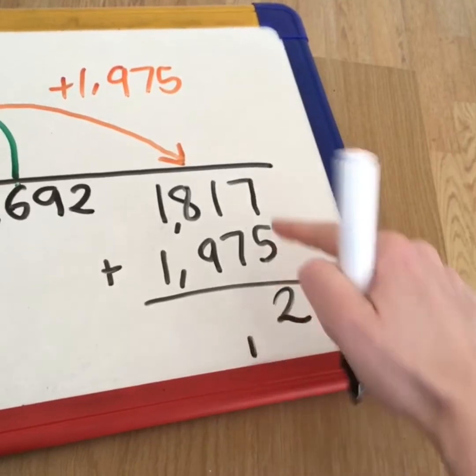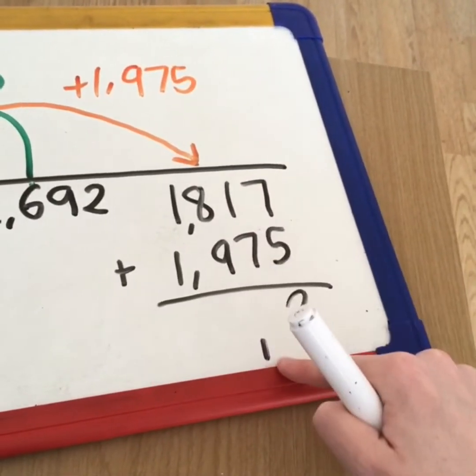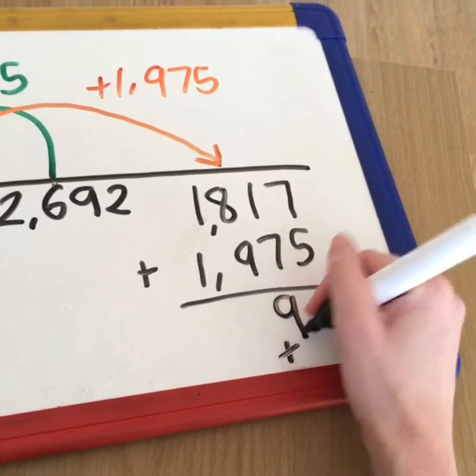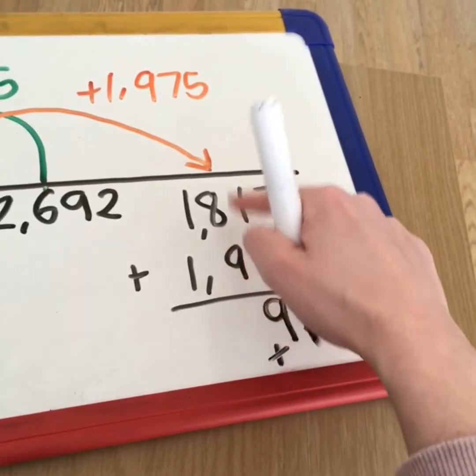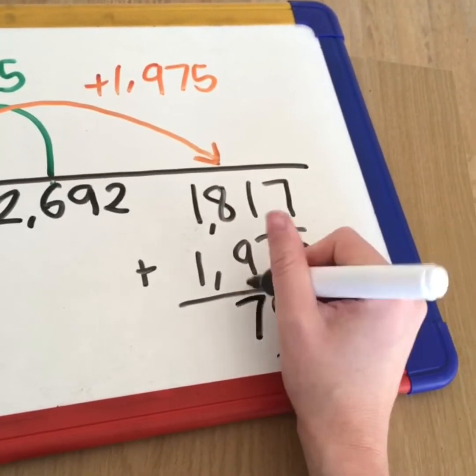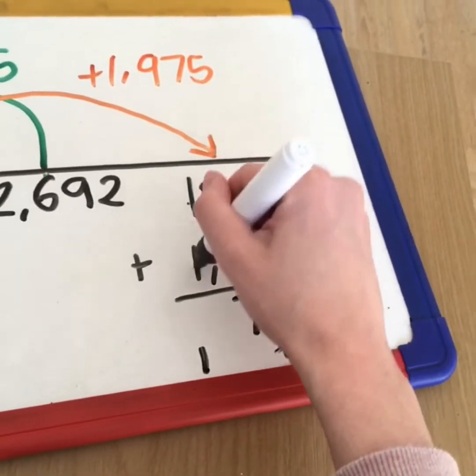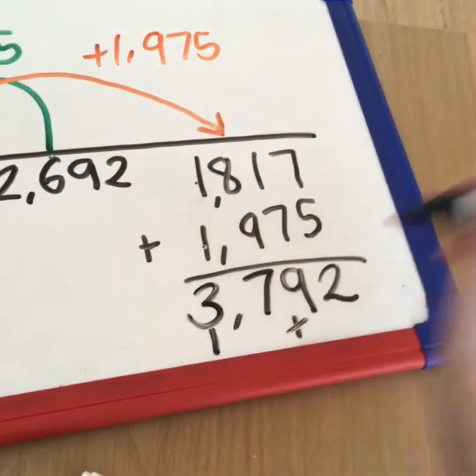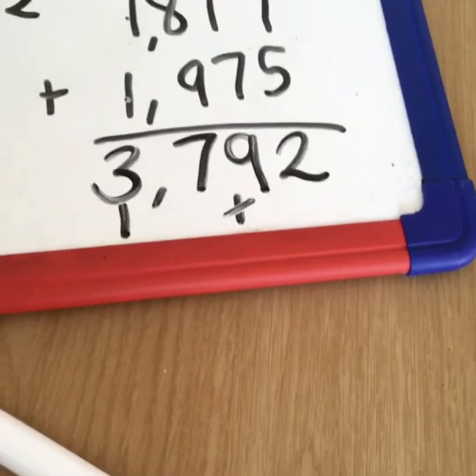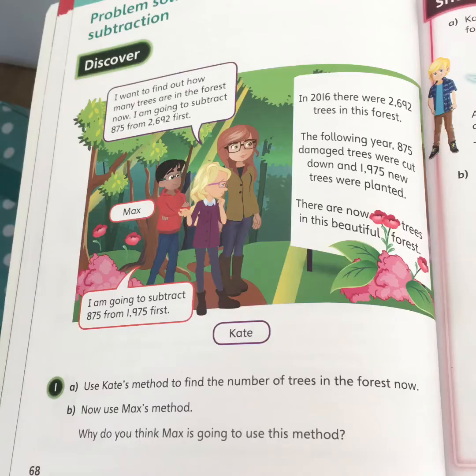Rename that 10. 1 ten add 7 tens add 1 ten is going to be 9 tens. 8 add 9 is 17, so it's going to be 1,700, so 7 in the hundreds column, rename that 10 hundreds is 1,000, 1,000, 1,000, 1,000, 3,000. So my answer is 3,792 trees.